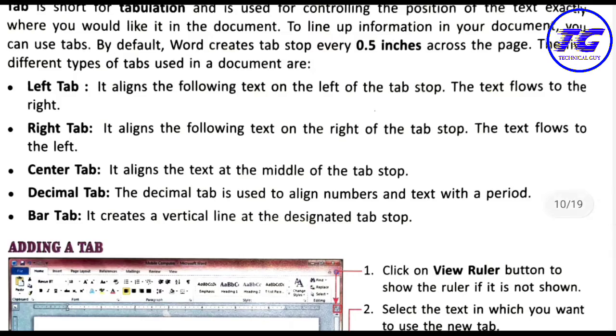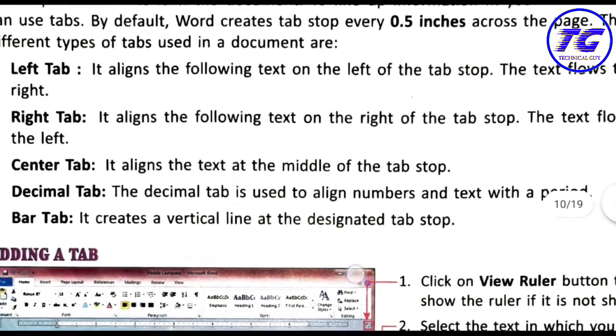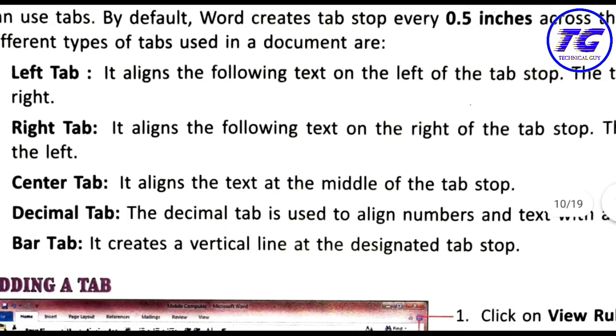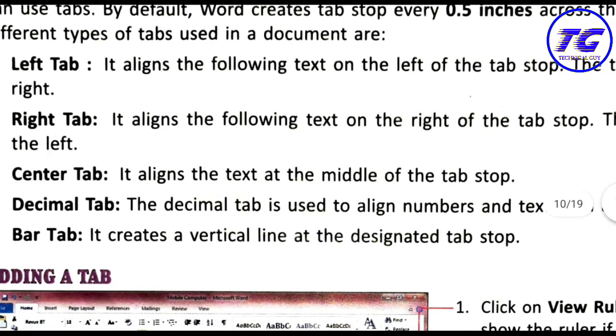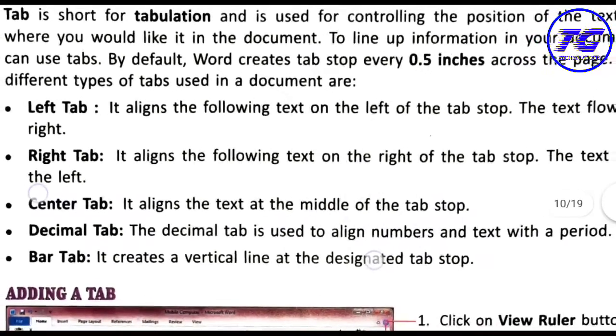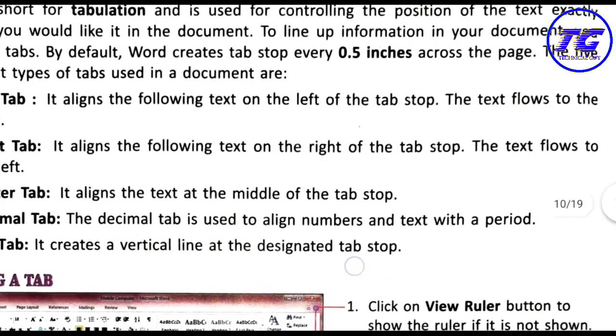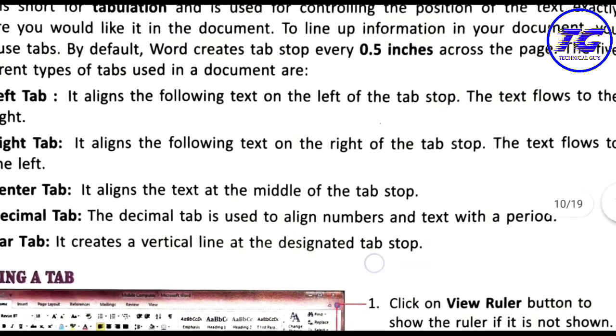So there are 5 different tab settings in the MS Word. Namely, we have the left tab, right tab, center tab, decimal tab and bar tab. So you can use any of the tab for your purposes. So left tab, it means when the left tab is set, the text will flow to the right side.